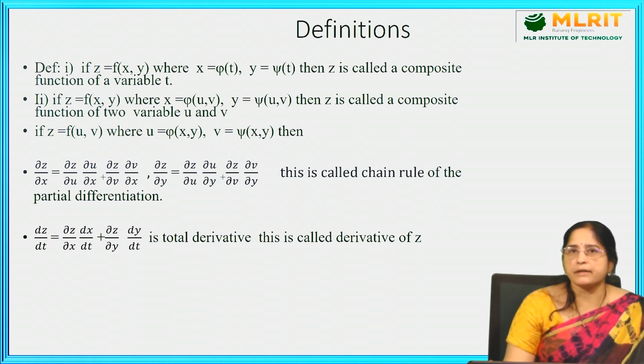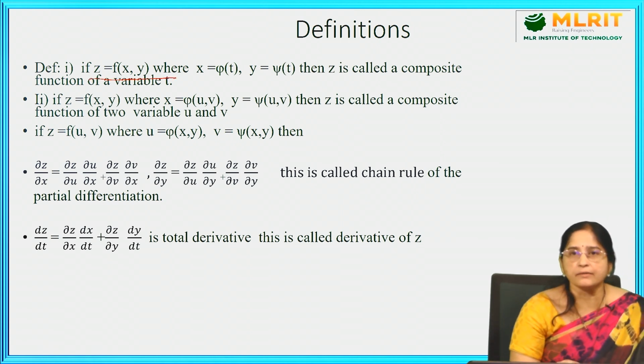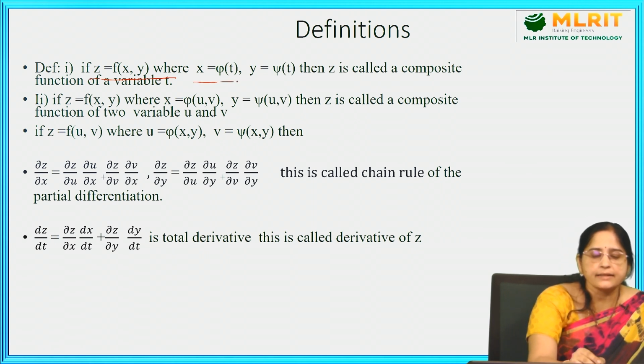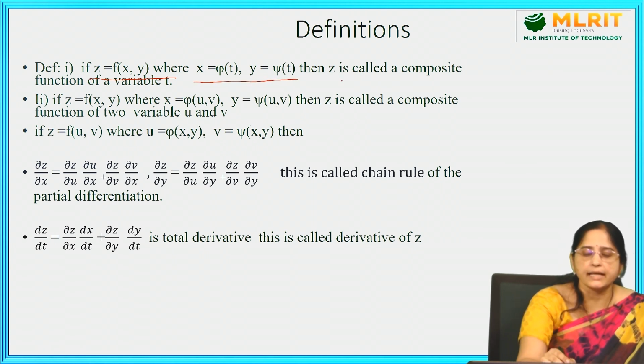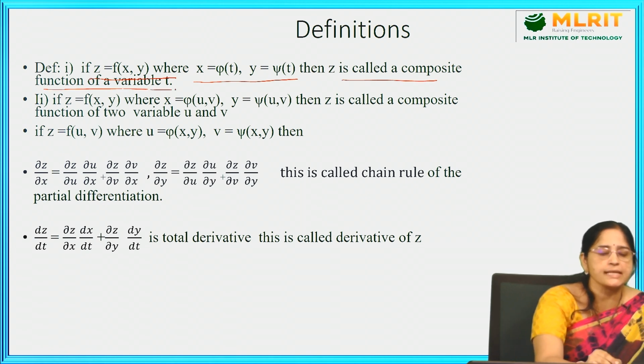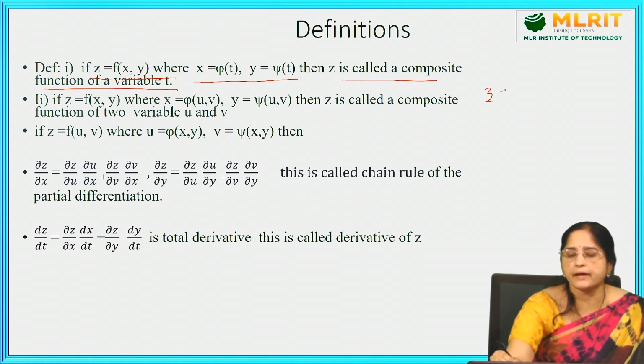Before going to the definition of the chain rule, first we will define a composite function. If z is a function of x comma y, and x and y are functions of t, we can call z a composite function of a single variable t. Suppose z is a function f of x comma y only.